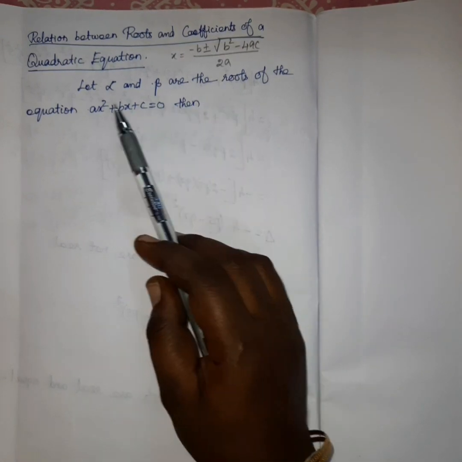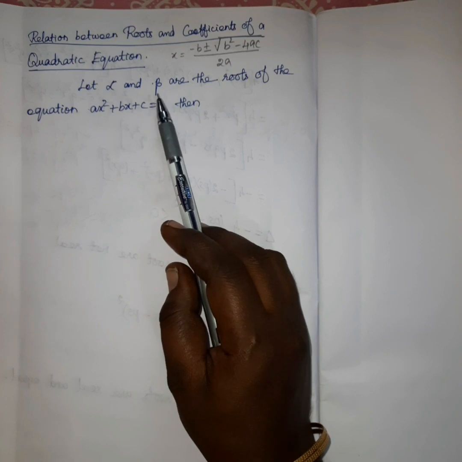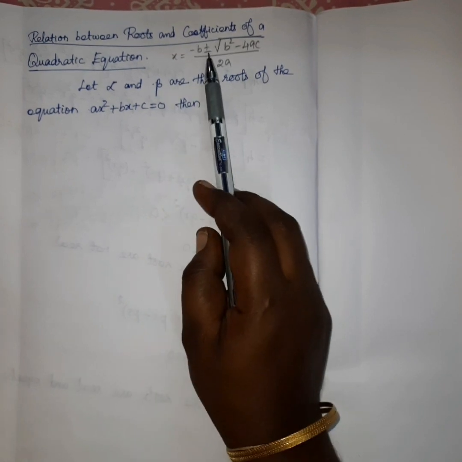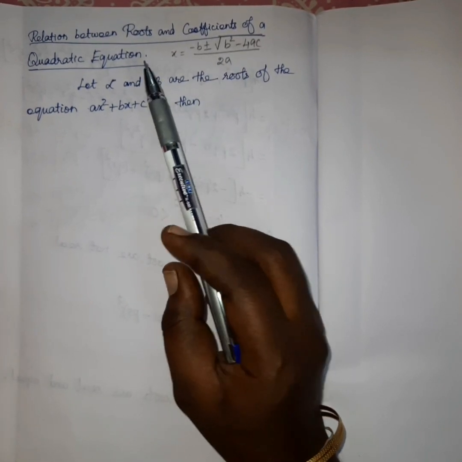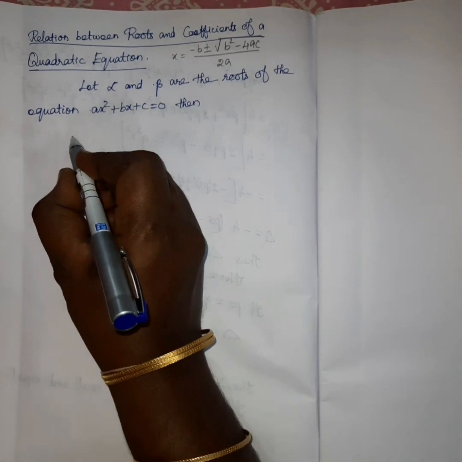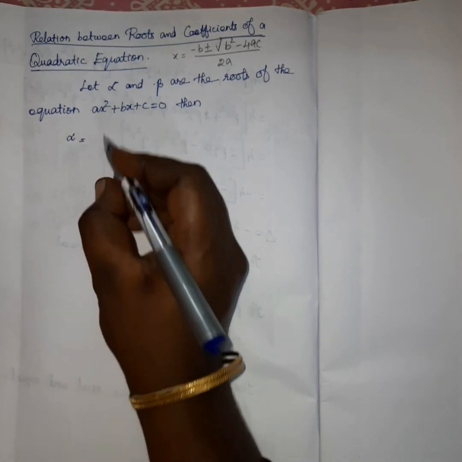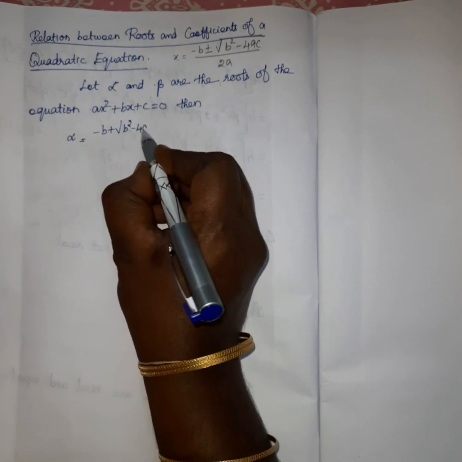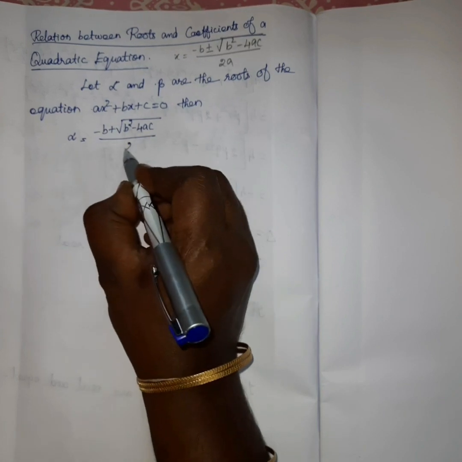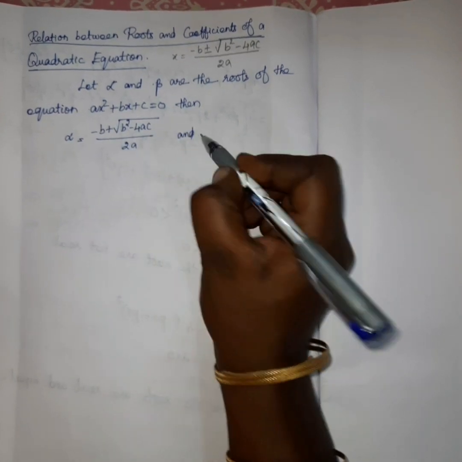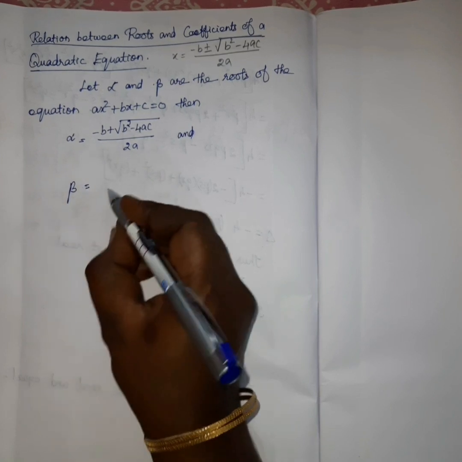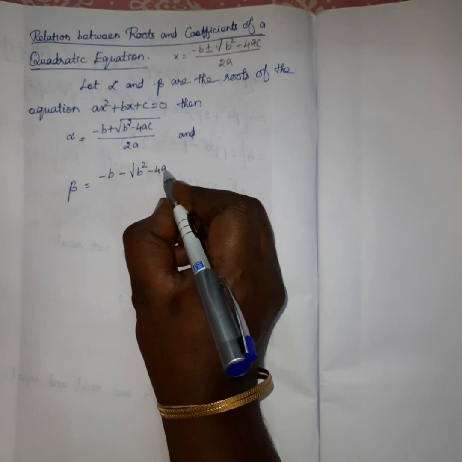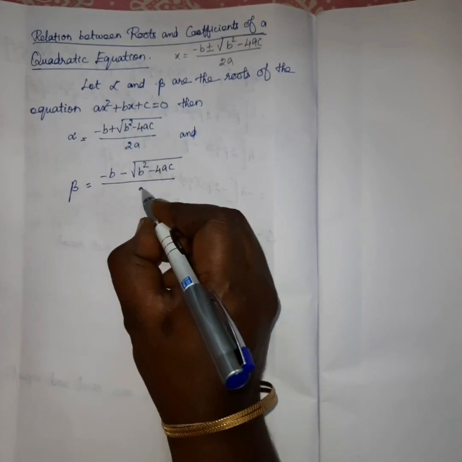The two roots we are considering as alpha and beta. The first, positive root we can consider as alpha, and the one using minus we can write as beta. So alpha is equal to minus b plus square root of b square minus 4ac divided by 2a, and beta is equal to minus b minus square root of b square minus 4ac divided by 2a.